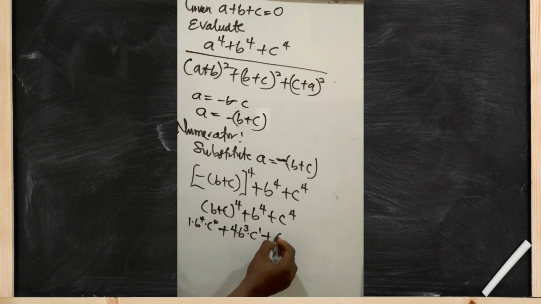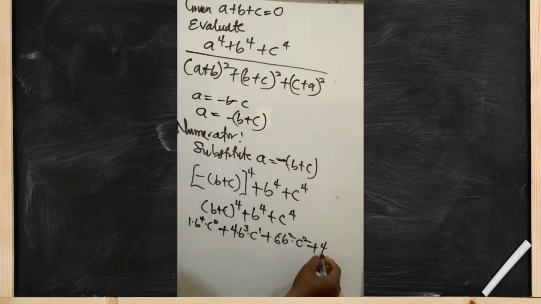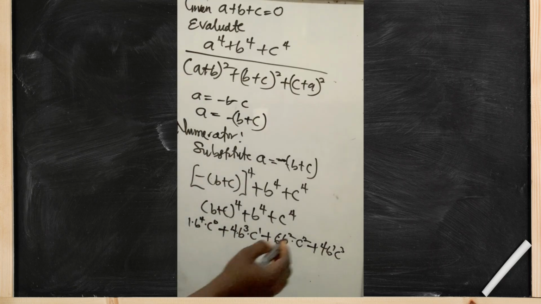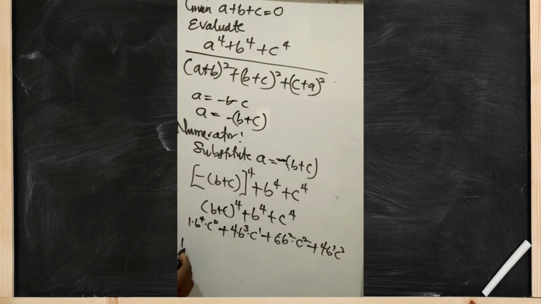Then moving forward, we are going to be having 6 b raised to power 2, then c raised to power 2. After that, we are going to be having the next coefficient, which will be 4, then b raised to power 1 and c raised to power 3. After that, the last coefficient will now be 1, that's b raised to power 0, then c raised to power 4. All of these are for this expansion. Now we can write this with it: b raised to power 4 plus c raised to power 4.